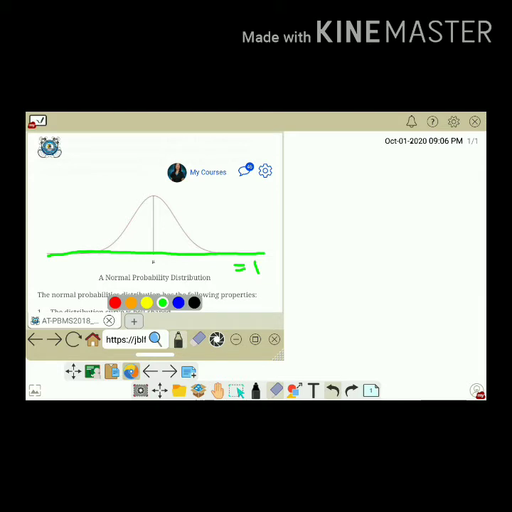Where does it come from? Since the total area from left to right is equal to 1, from the middle, your mean, going to the right, the total area is 0.5 or 50%.